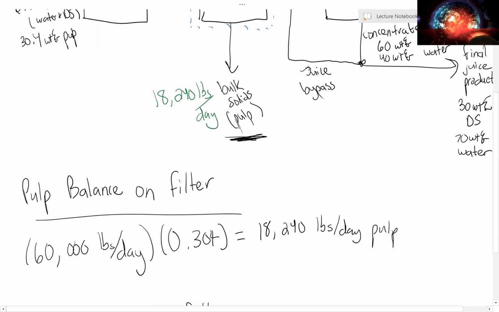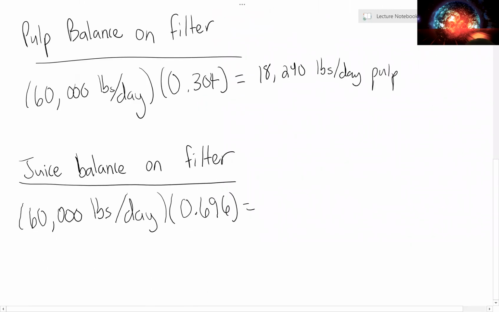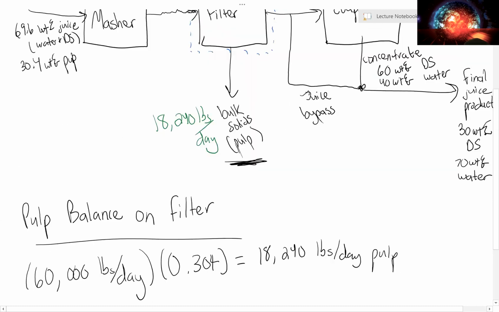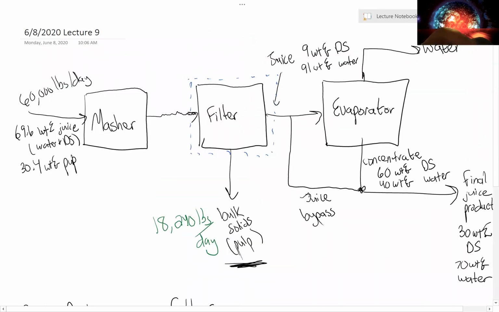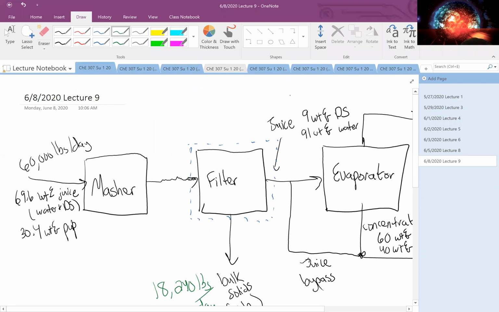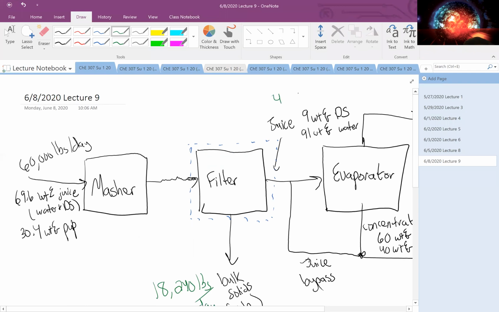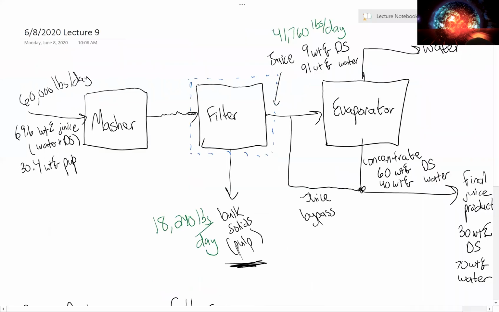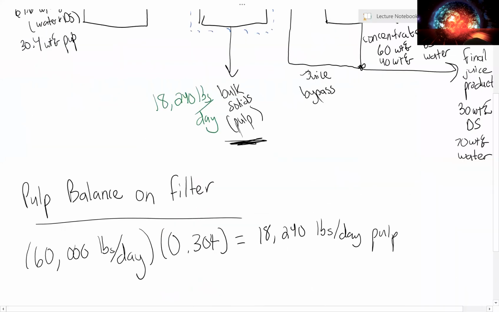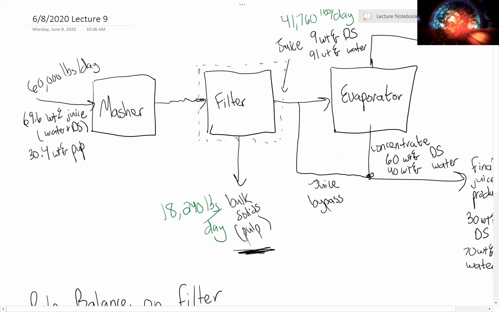It's not going to change my number any. So I have 60,000 pounds per day times 0.696, or 41,760 pounds per day of juice. So I can fill that in here. What was it, 41,760. Right. Everyone following along with that? Okay.